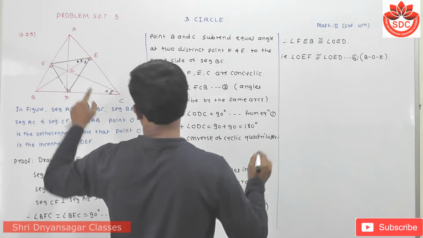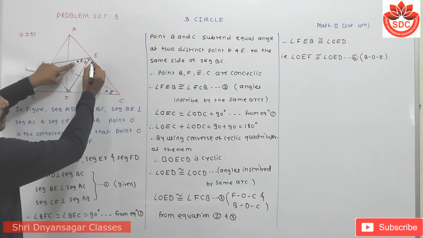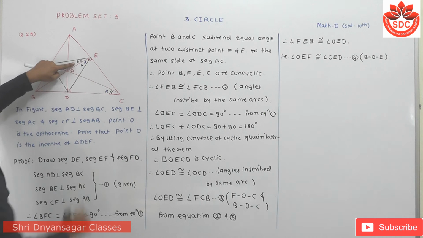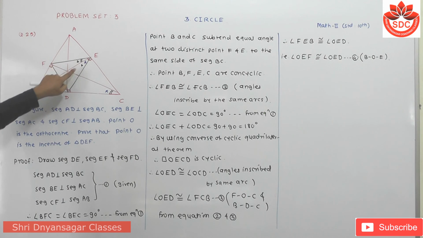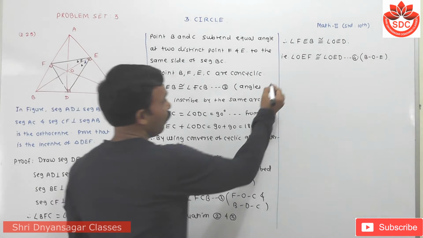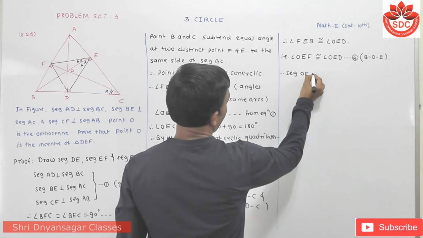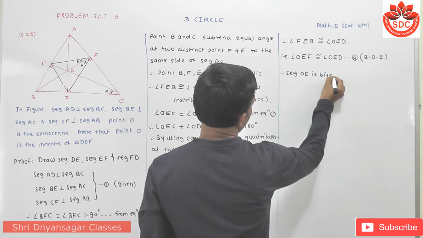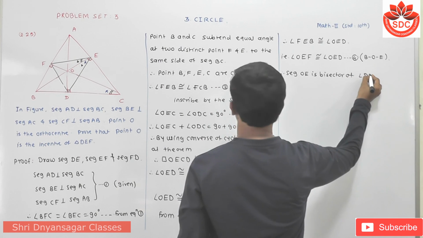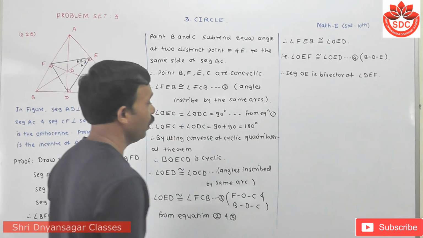Okay, look carefully. This angle OEF and this one OED, it means that this angle and this angle are congruent here. It means that OE is the bisector of angle DEF. Therefore, segment OE is the bisector of angle DEF.